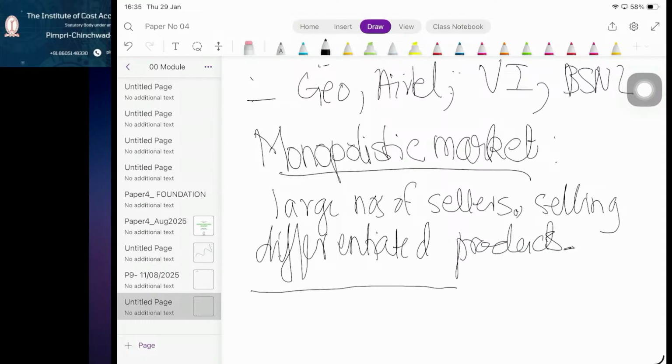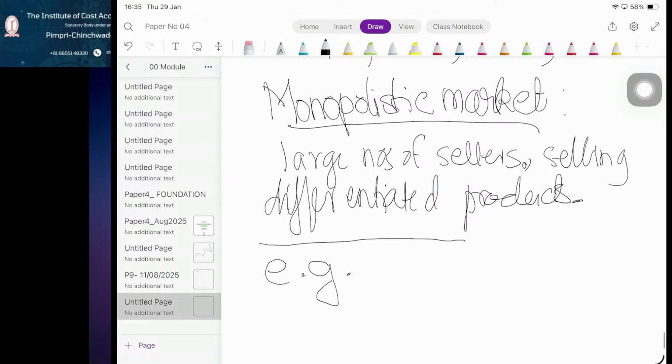I'll tell you, and you have to write your own examples here. Suppose a family is deciding to go out for dinner. Wherever location you live, the family is going out for dinner. How many places can they go to? It will definitely be more than 15-20 options.